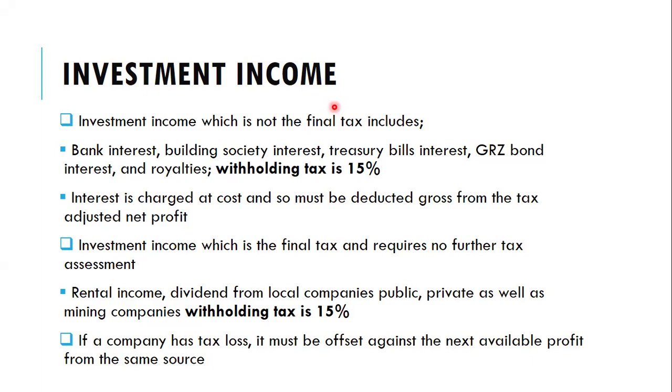And when we charge tax, we need to deduct the 15% withholding tax already paid. So later on, when we're calculating the tax, we need to deduct it from the amount of taxation which is payable, so that we arrive at the actual amount which is payable.